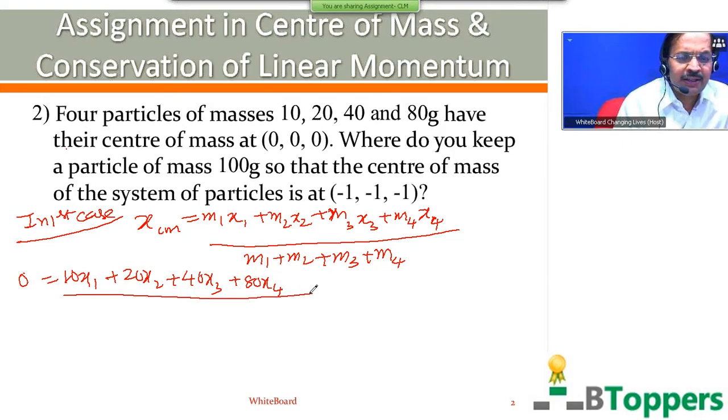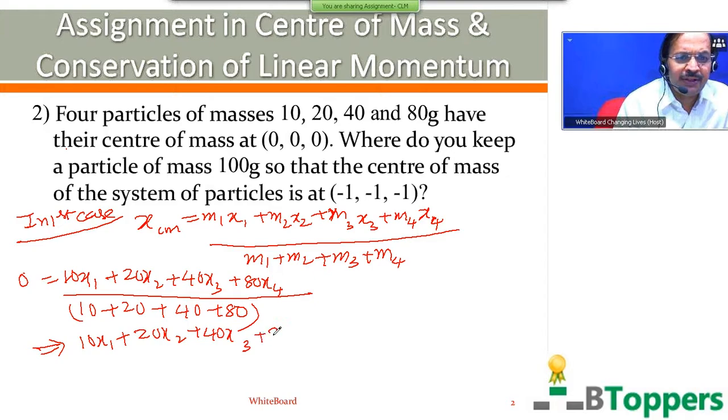You are not given the coordinates of the first 4 particles, and you are not even asked to find them. So you can carry this denominator to the other side. From this you get 10x1 plus 20x2 plus 40x3 plus 80x4 equal to 0.